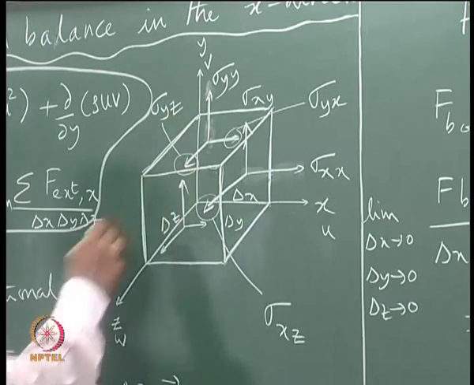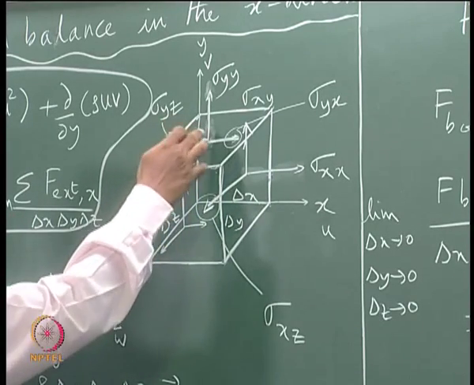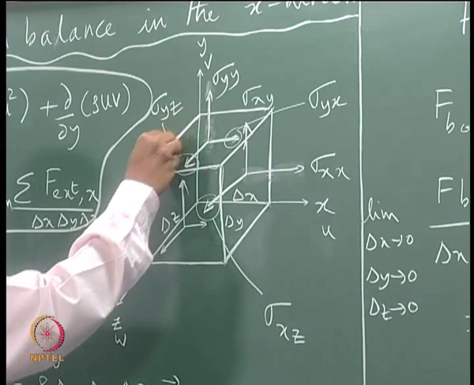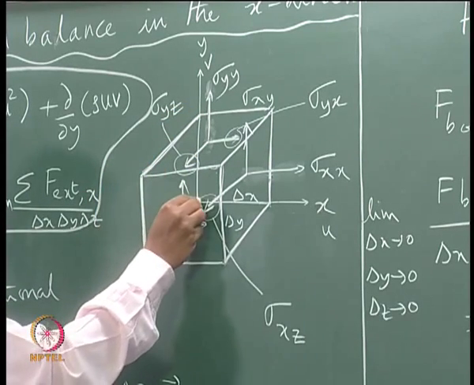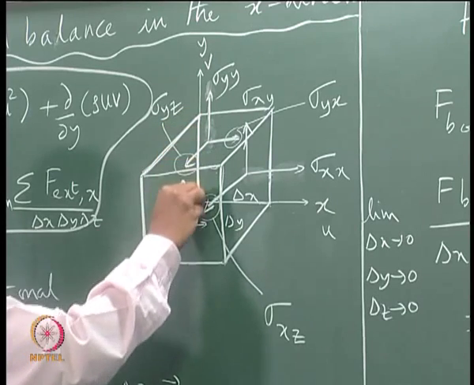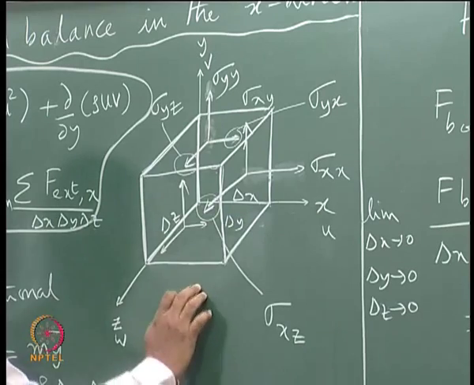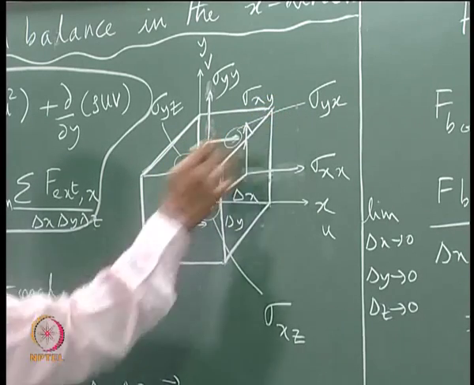for a control volume like this, we also include in the notation the distinction between a positive x face and a negative x face. For example, if you consider this face here, that is the left side face of this, left, right, bottom, top, back and front.